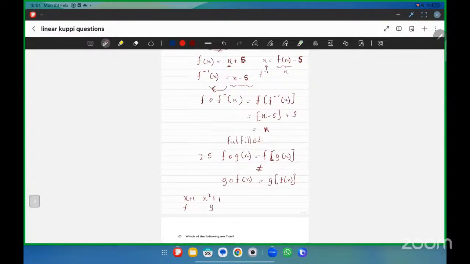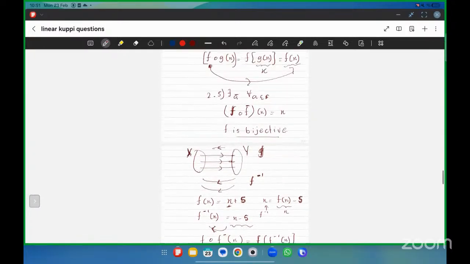When we plug them into these two things, we get different answers. If we plug one in, we get the final value as x plus 1 whole squared plus 1. If we plug the other, we get x squared plus 2. These are not equal. So we can say that it is not an abelian group.